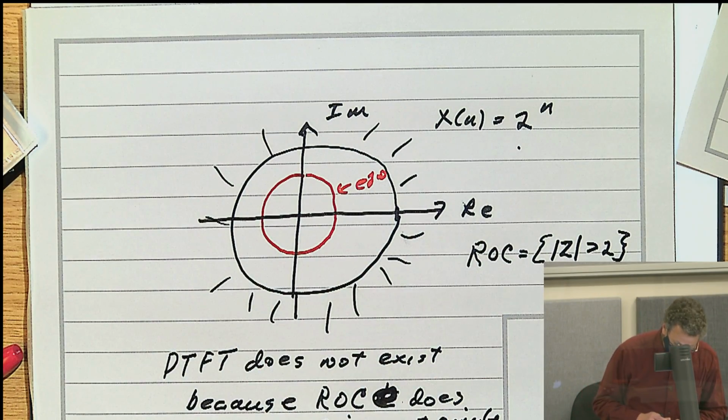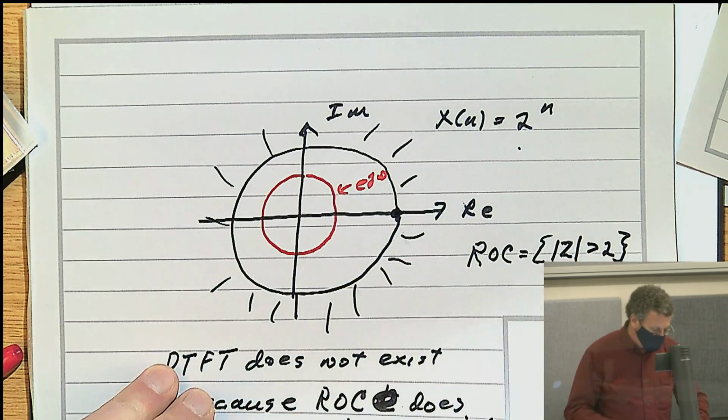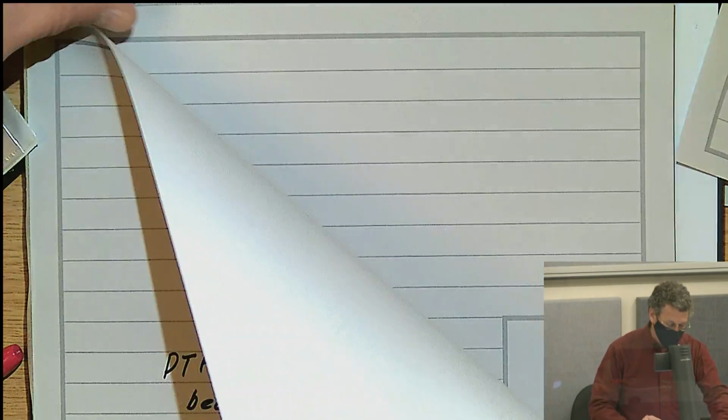In this case, there's a pole right here, I think. Anyway, that was a quick review of Z transforms. So the advantage of a Z transform is you can take a Z transform of a signal like 2 to the n.